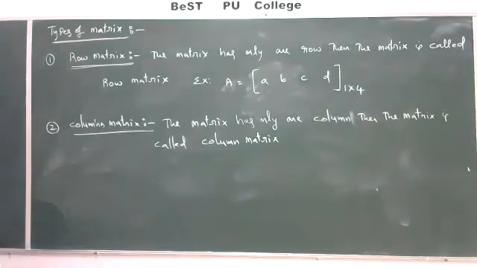The matrix has only one row, then the matrix is called row matrix. That is, the matrix has only one row, any number of columns. Next, the matrix has only one column, then the matrix is called column matrix.